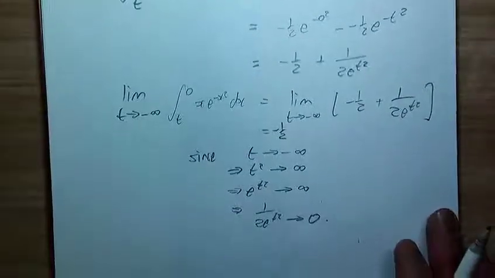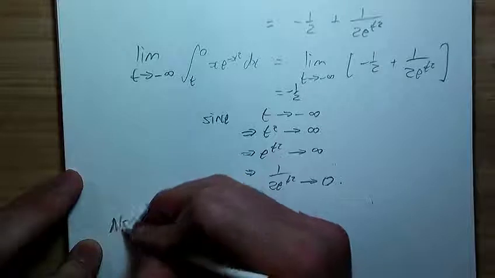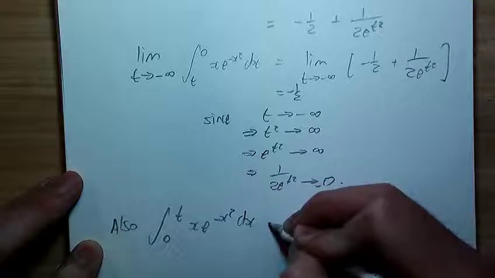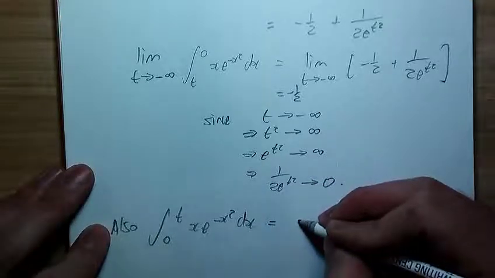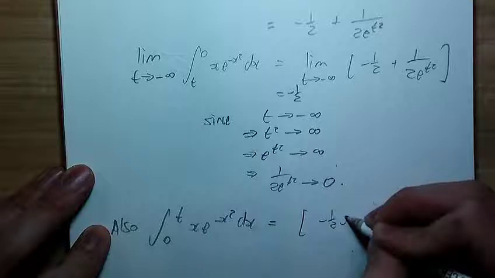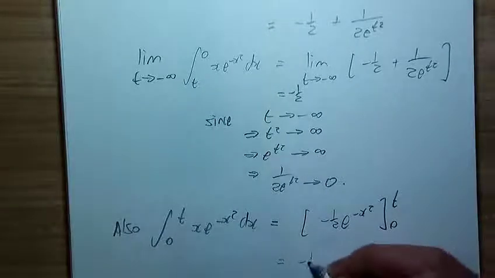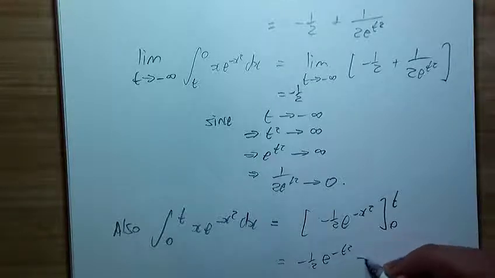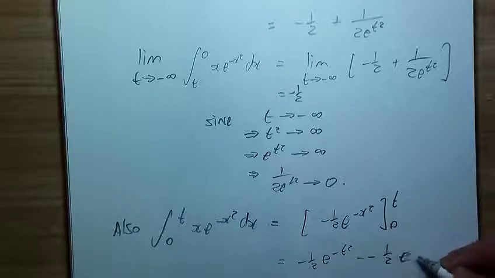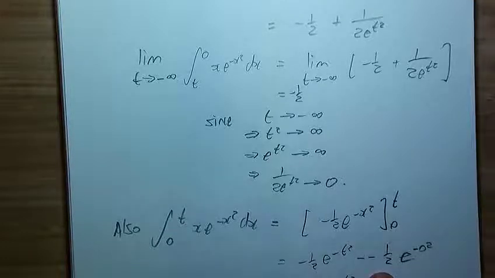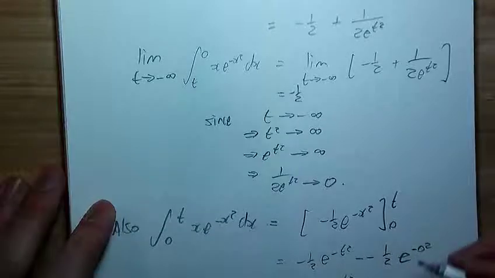Okay, so I need to do, so the integral from 0 to t of x e to the minus x squared dx is minus a half e to the minus x squared from 0 to t, which is minus a half e to the minus t squared minus a half of e to the minus 0 squared, which is, now e to the 0 is 1, so that's plus a half.